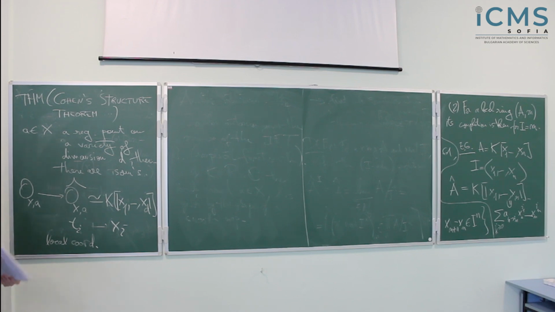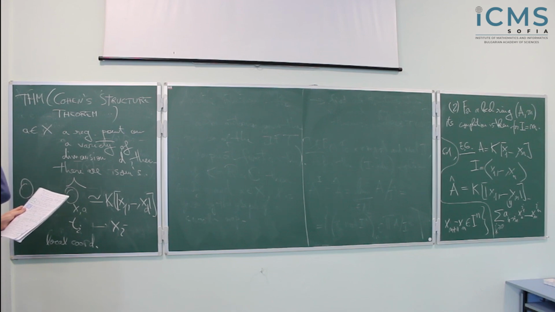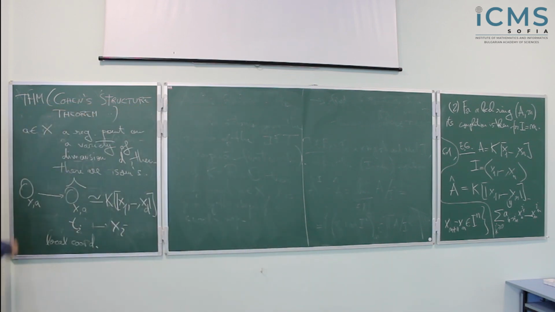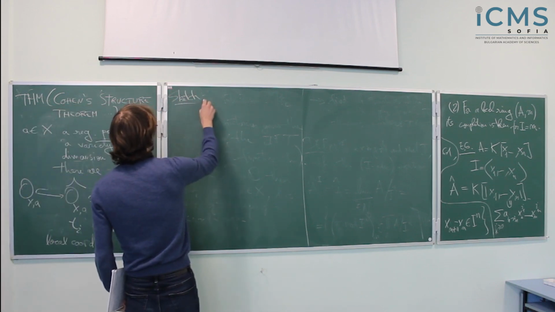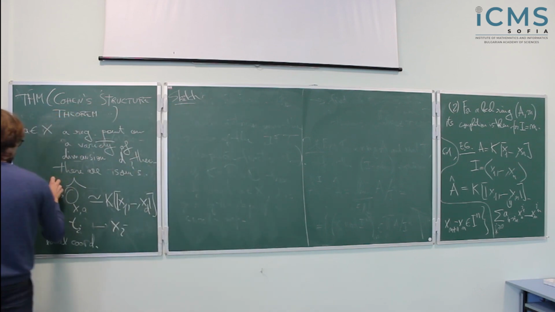Well, I could give a small proof of this. One of the other parts of this statement is that here is an inclusion. So I'm just going to sketch the proof. We have two parts here.